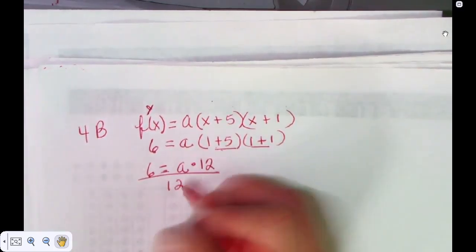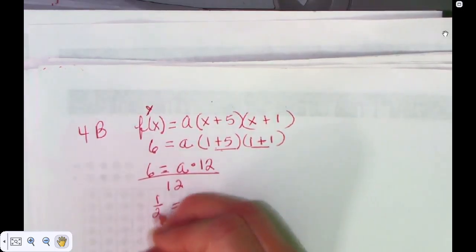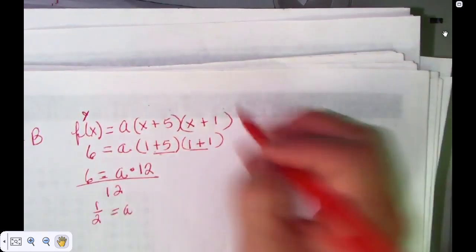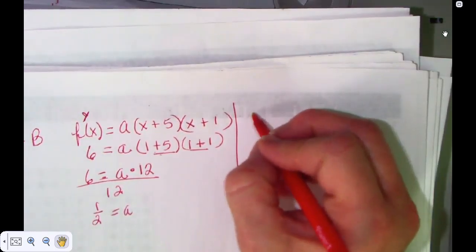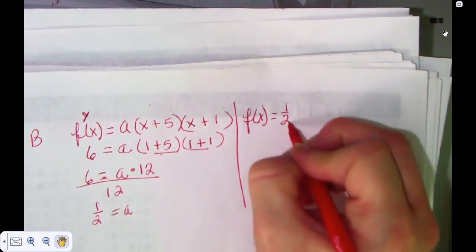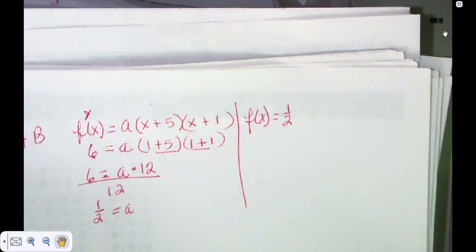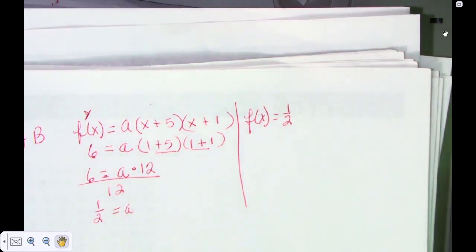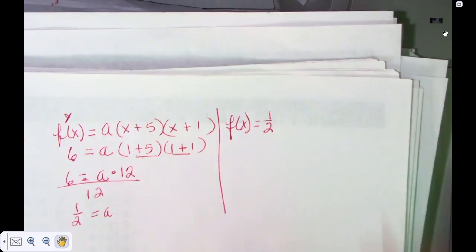So we're going to divide by 12, so a is 1/2. So I know a is 1/2 now. So a is 1/2, so we're going to write 1/2.